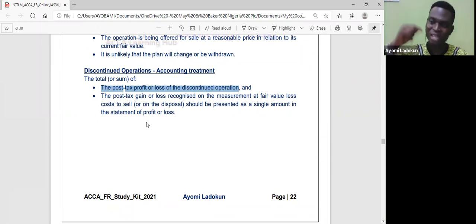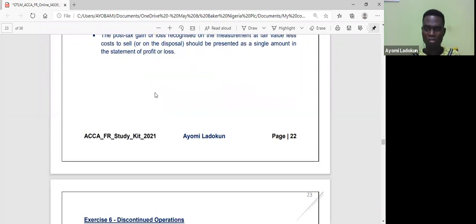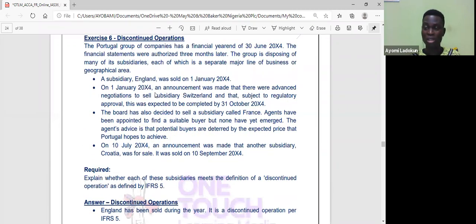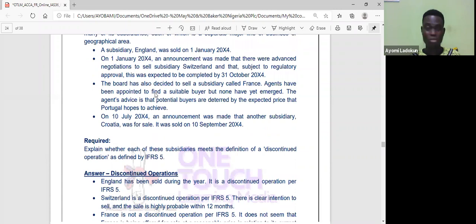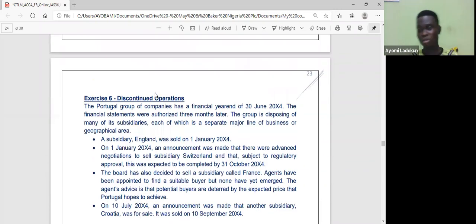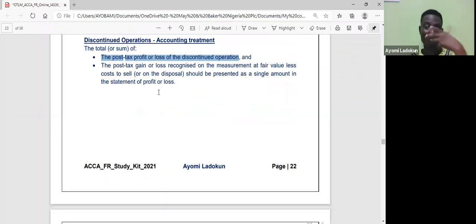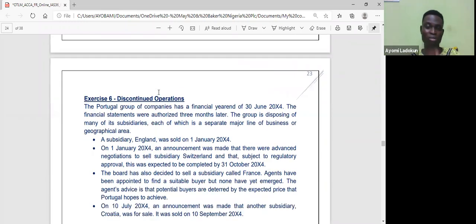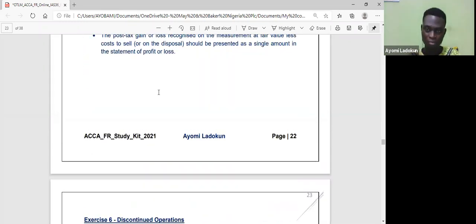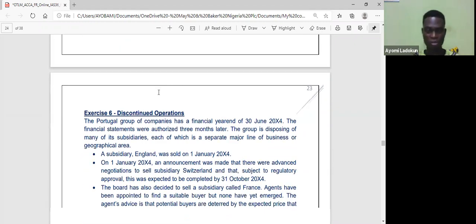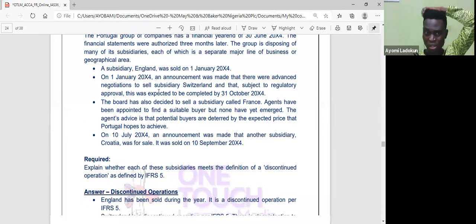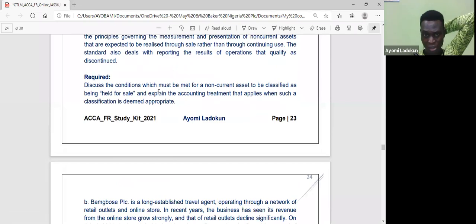This should be presented as a single amount in the statement of profit or loss. So let's take a look at this question to demonstrate that.